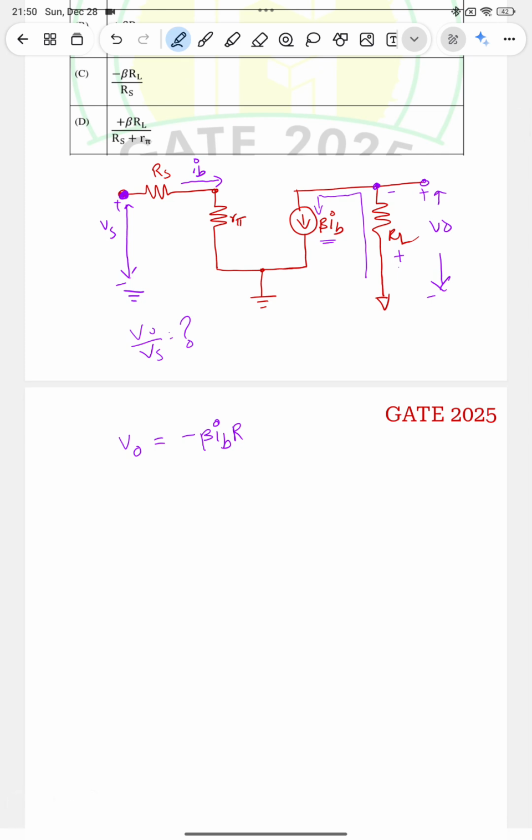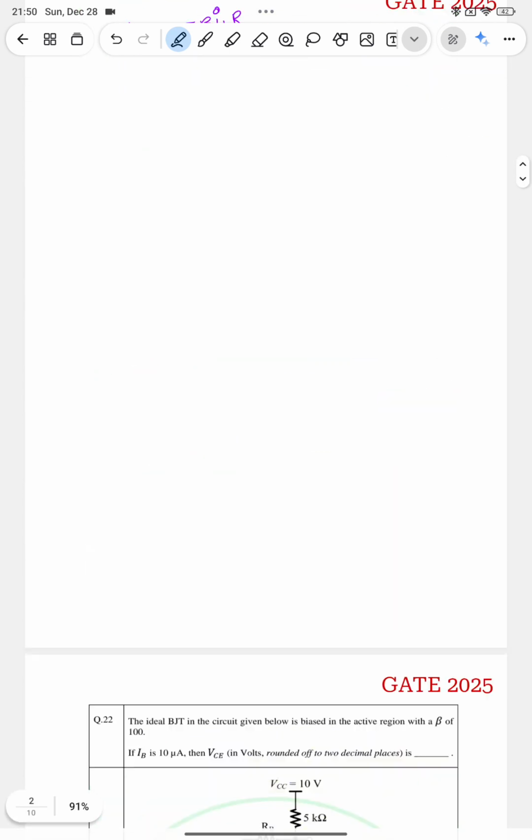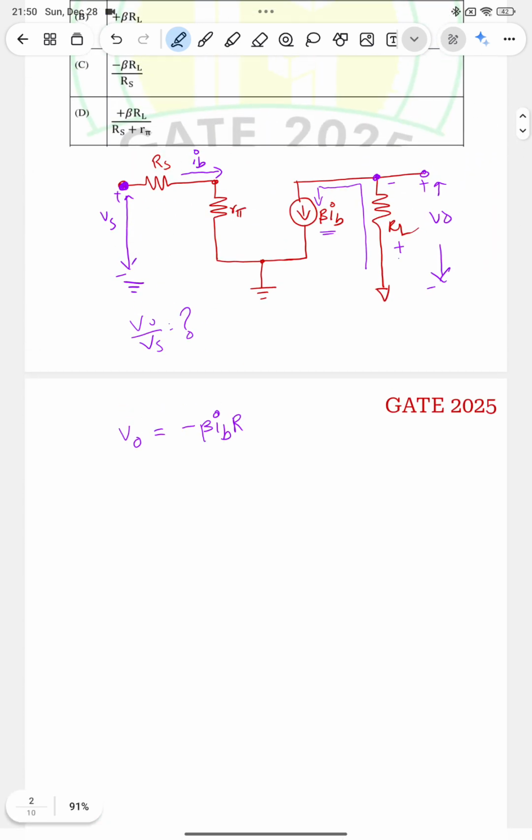Across this node and the ground there are two resistances, Rs and R pi. So Vs is the voltage across Rs and R pi. The current flowing through Rs plus R pi is the current IB. So it's clear that the current IB is equal to Vs by Rs plus R pi.